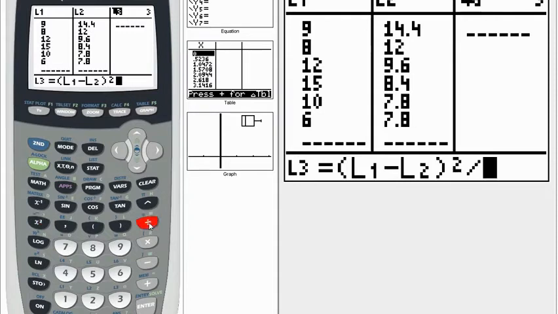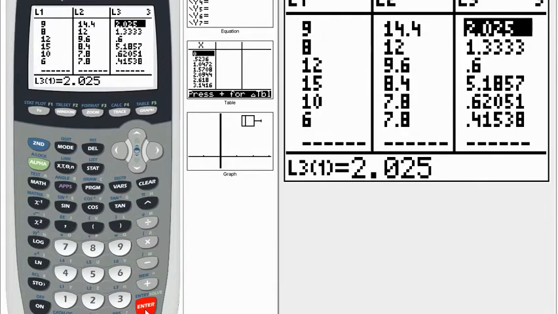Then I will divide by, look at the formula sheet, know which one you need to divide by. It's the expected, L2. Enter. These are the chi-squared contributions that together make the deviations from the observed from the expected, and we're looking to see: together, are they enough to reject the null hypothesis?